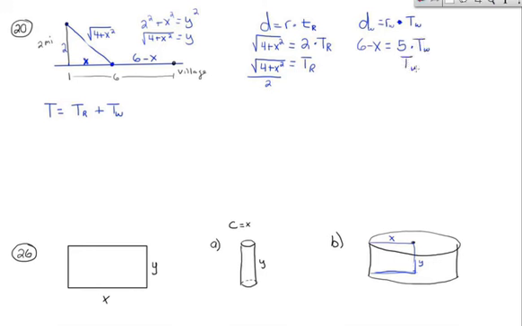So time walking equals distance divided by my rate. And so now I can write my total time as a function of these two times. So time rowing, square root of 4 plus x squared over 2, plus time walking, 6 minus x over 5, and that's it.